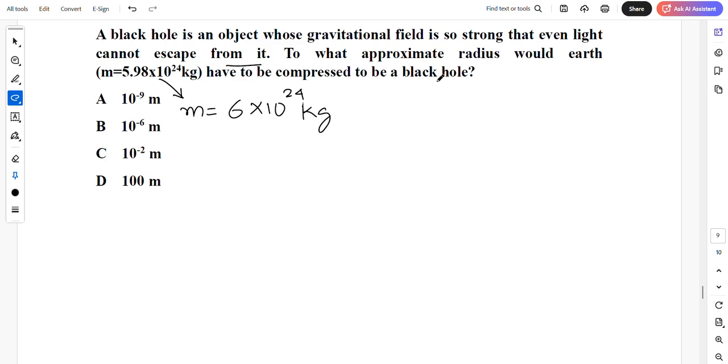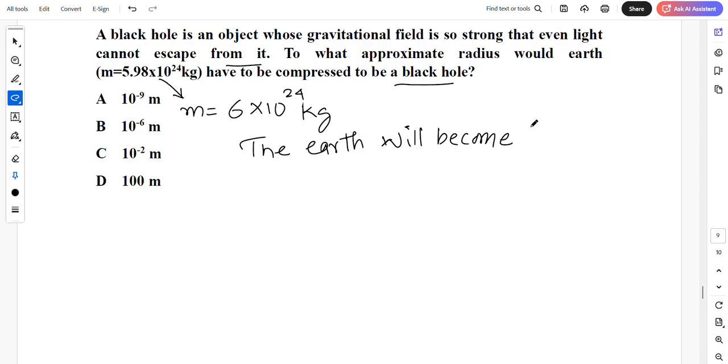Have to be compressed to be a black hole. Now here, the Earth will become what?